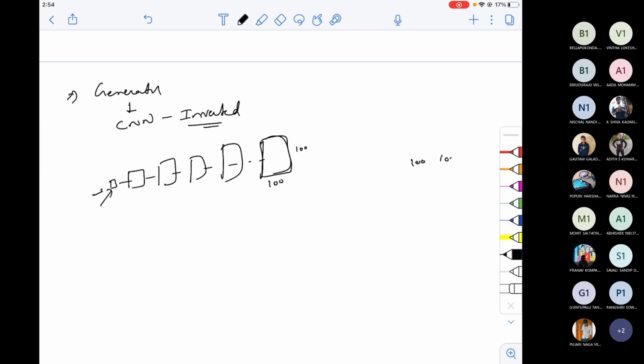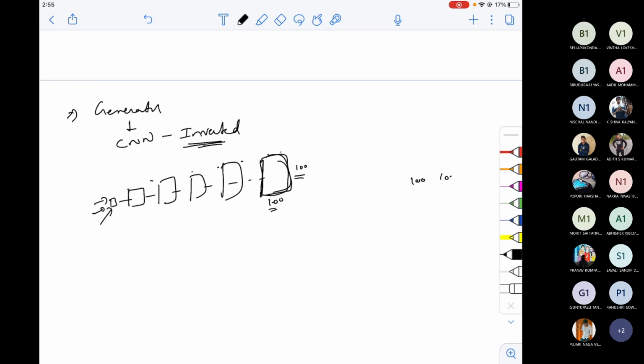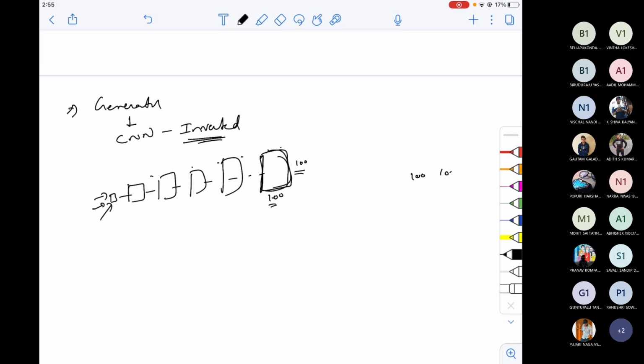So that's the reason I start with a random noise, slowly improve, and I get the final node size. The final layer size in your inverted CNN is equal to the output image size. That's the reason we have to invert. So generator is basically the same CNN, but the layer size increases rather than decreasing. That's the main theme.